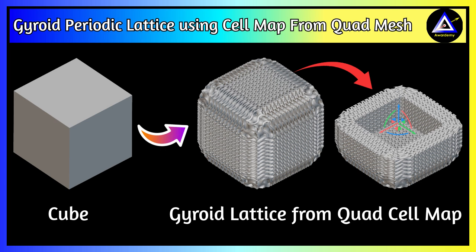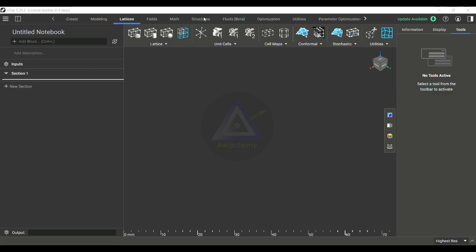So let's start. As we know, before starting any file, let's give the notebook name as cell map using quad mesh.